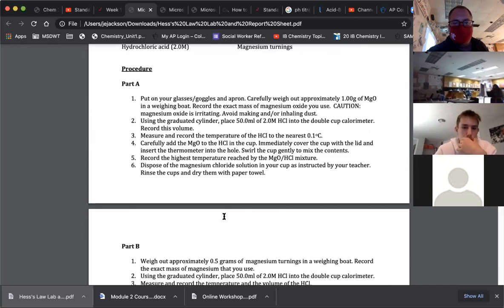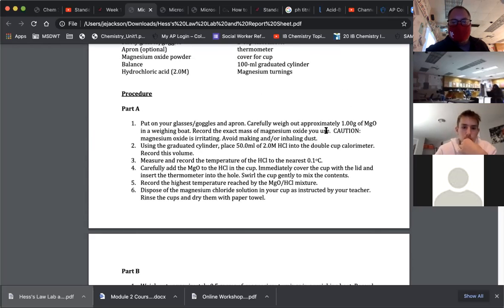Basically, what we're doing is something very similar. We're taking magnesium oxide and putting it in HCl again, and we're immediately covering the cup. We're seeing how magnesium oxide in HCl changes it.